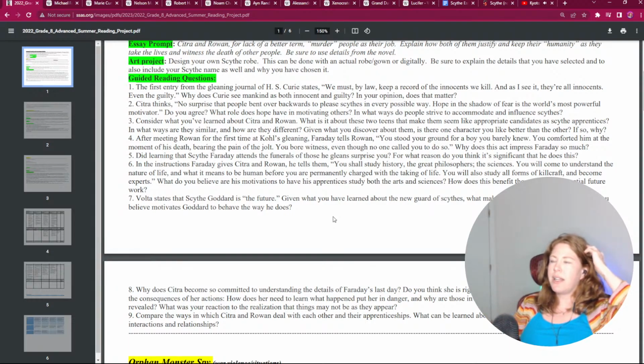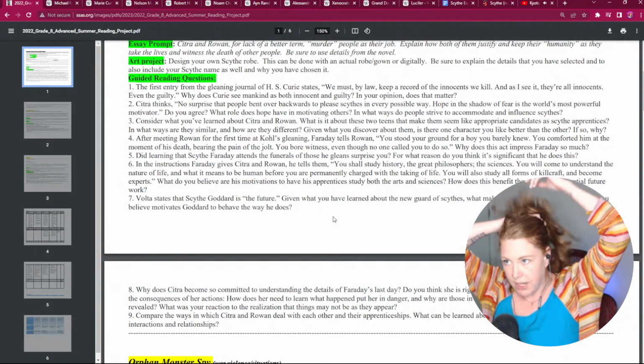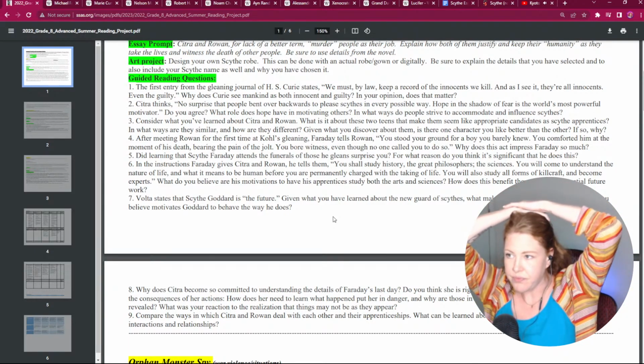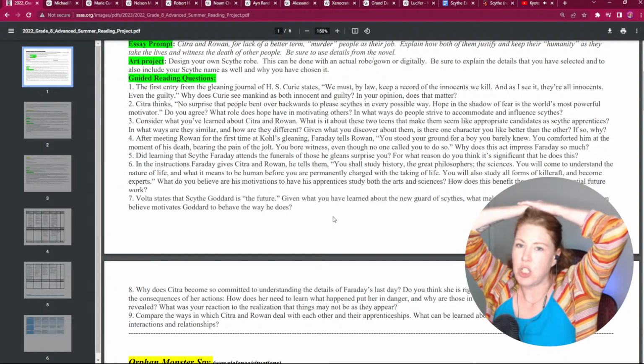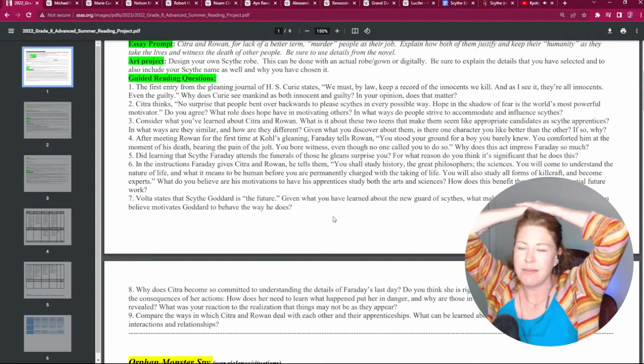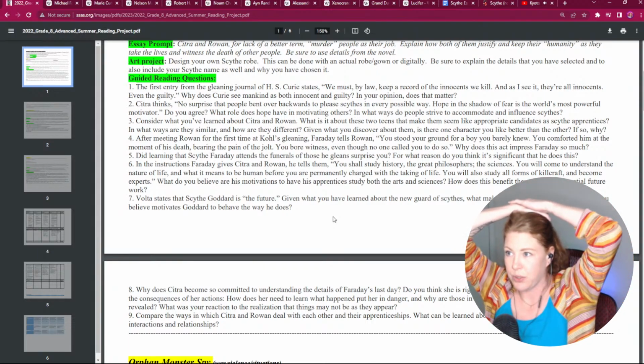Okay, so this is a tough question because I feel like Curie probably sees mankind as both innocent and guilty because, number one, she probably sees most people as innocent because they don't commit crimes, right? It's literally, crime is completely eliminated. There's not even a prison in this world, right?